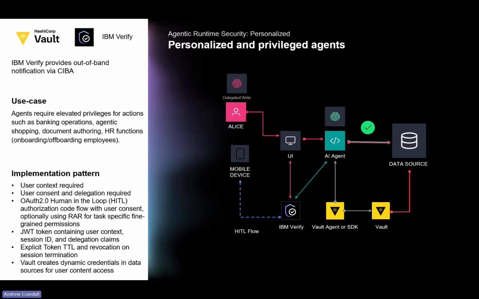But from end to end, we have the ability to look specifically at what Alice is able to do. We're issuing specifically scoped tokens to act against very specific tools, to do only what Alice is allowed to do, and only allow that agent to take action if Alice has done the appropriate challenge and completed that flow.